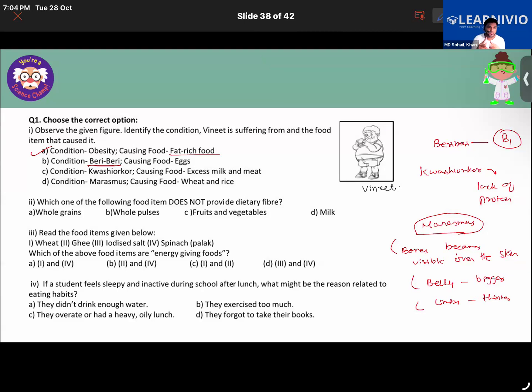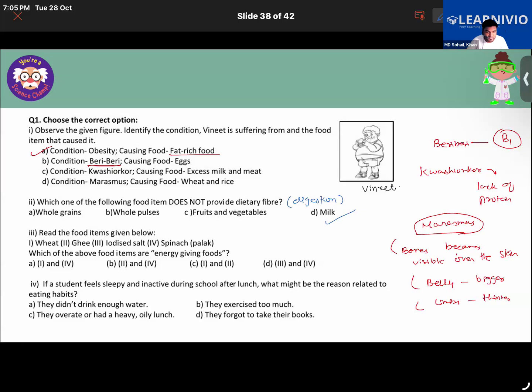Try to recall, I have told you that dietary fibers are found only in plant-based food, like fruits and vegetables, whatever food items are obtained from plants. Milk does not contain dietary fiber. And dietary fiber basically helps in digestion. That is the main function of dietary fiber.